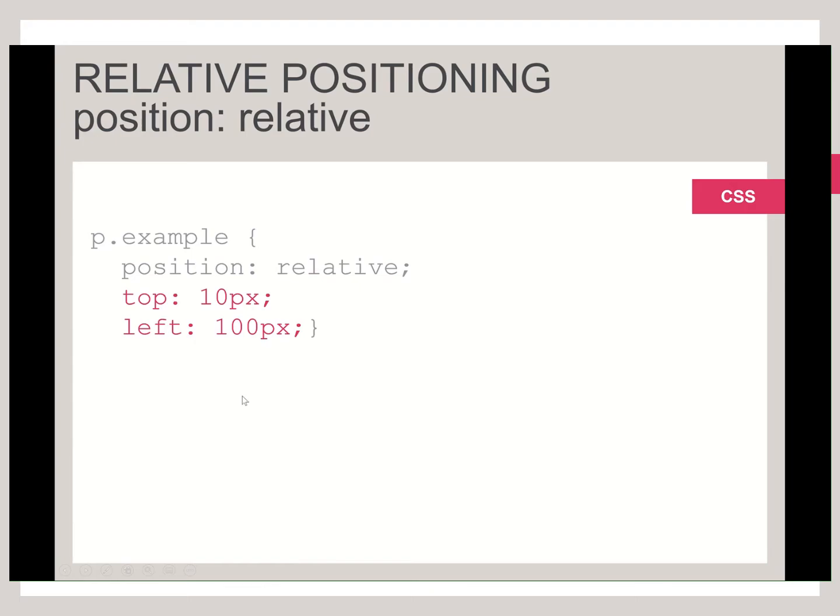Of course this is not the only one, because we have top, then bottom, and then we have left, then right, correct? So that means we have 4 properties to set the offset. Later we'll try different properties to see the effect.